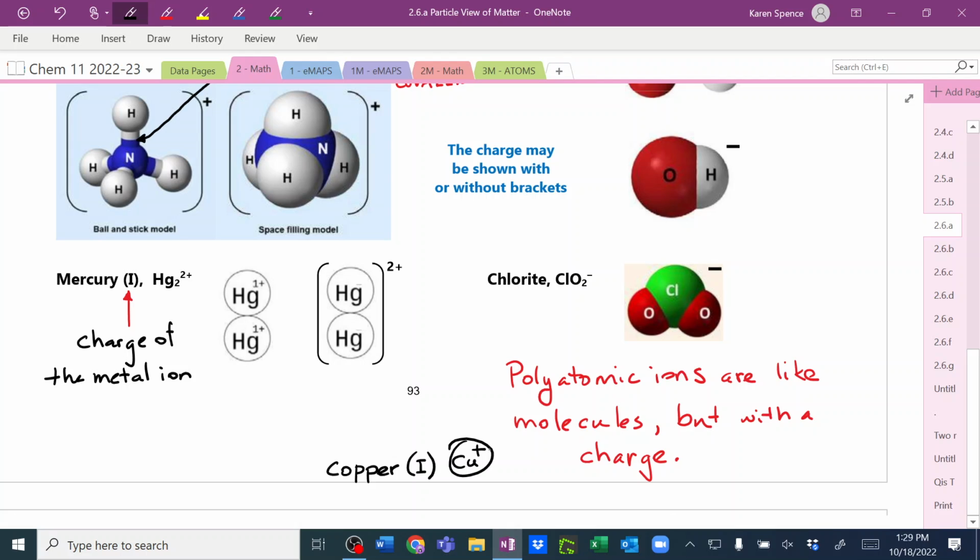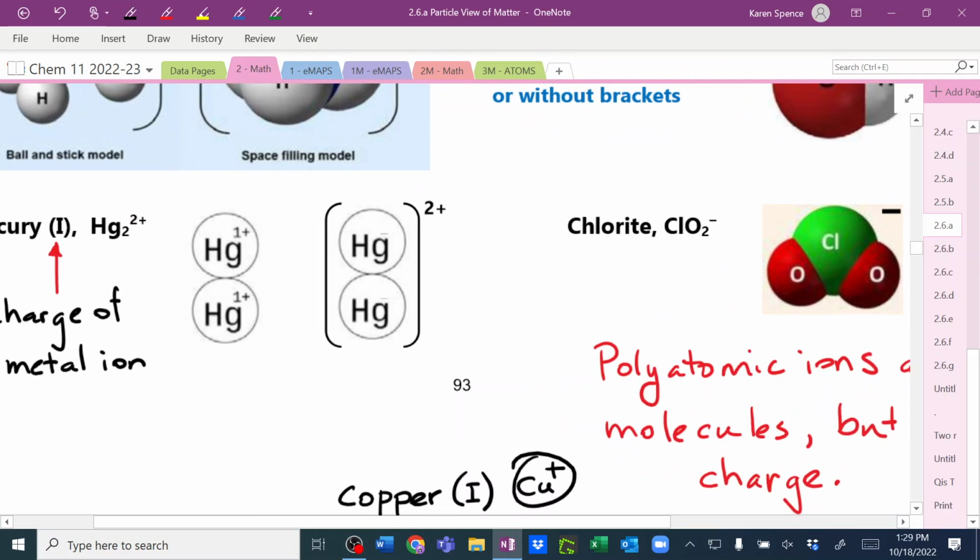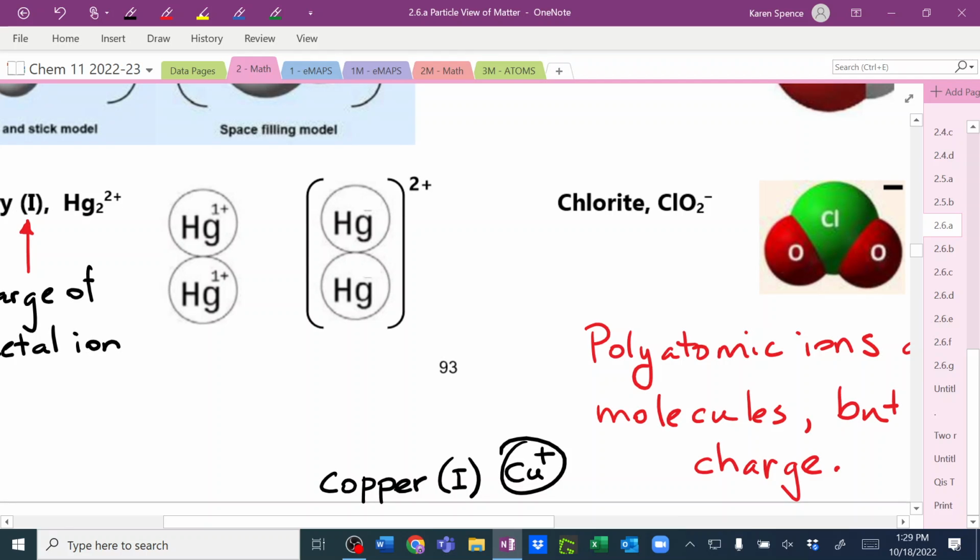Mercury, however, insists on being difficult, and one mercury 1 ion bonds with another mercury 1 ion, and I'm not entirely sure if that bond is metallic or covalent or what. So I'm afraid I can't tell you that. But what I do know is when you put 2 +1 charges together, you get 2 plus. So the mercury 1 ion is actually written as Hg2 2+.